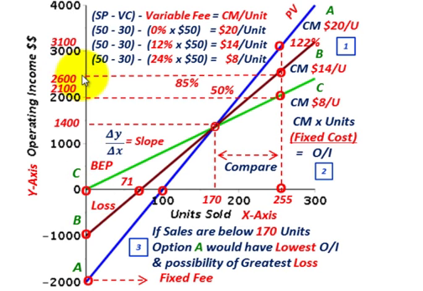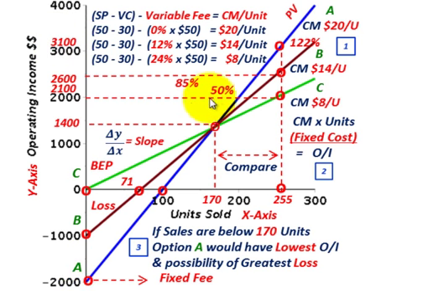And if you move up here to option A, $20 contribution margin times 255 units, it's going to yield 3,100 in operating income. But this is where we had probably 5,100 overall, but we have to subtract out that 2,000 in fixed cost, so we get 3,100 in operating income.